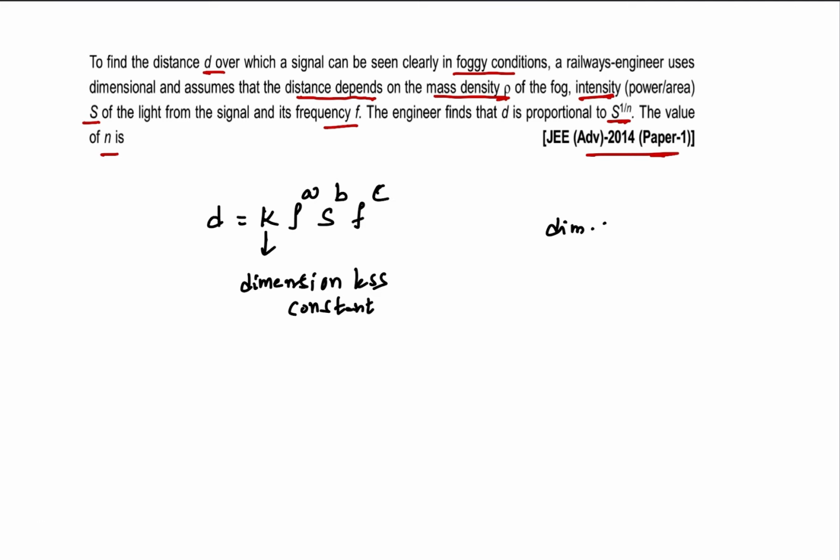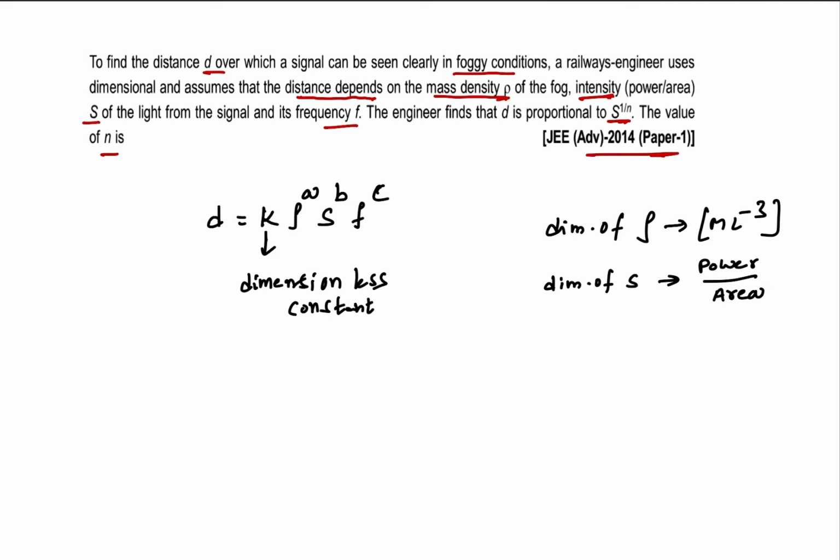Now we are going to write one by one. What is the dimension of rho? Dimension of rho is M L power -3, kg per meter cube, no? M L -3.